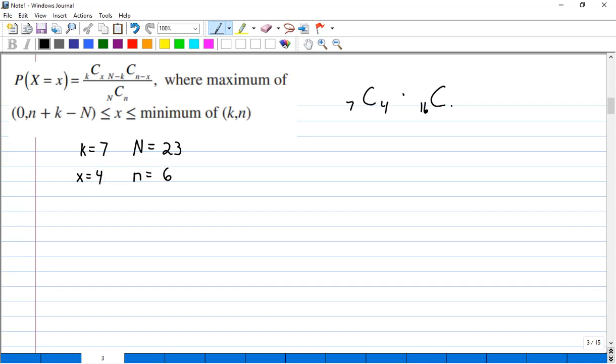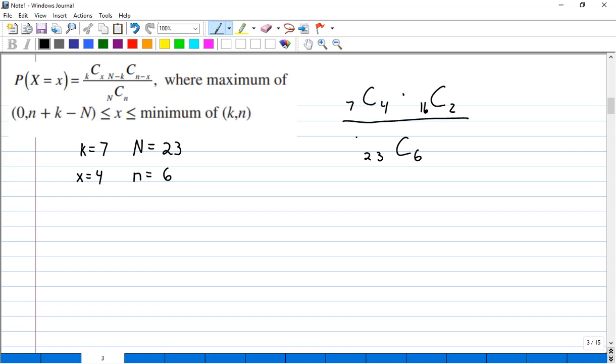So 6 minus 4 is 2, divided by, and then I have the entire number of patients, so that's 23C6. Okay?